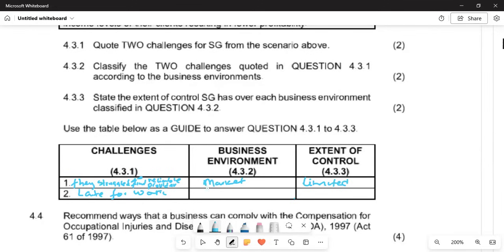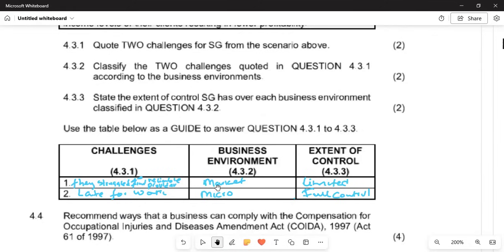So this one is micro, and the business can have full control of it.